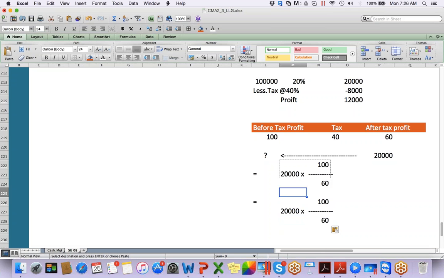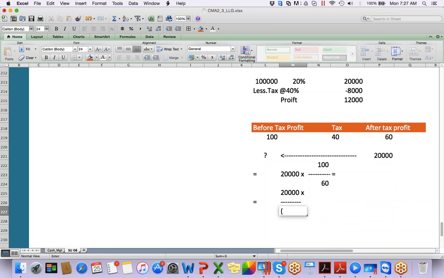Instead of this, even you can calculate and let me know the amount here. I'll give you one more, that is 20,000 divided by, just simply, the same 100 minus 60. I'm writing like this: 100 minus 60.